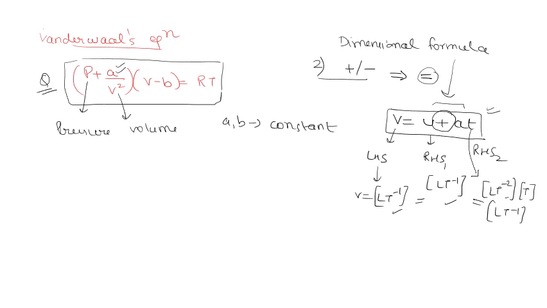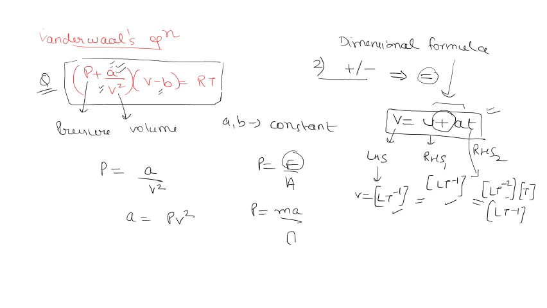Similarly, if you have to find out A here, you will put P equals A by V squared, right? Because ultimately plus and minus are treated as equal. So A will be PV squared. You know pressure is force upon area, and to find its dimension, force is mass into acceleration.